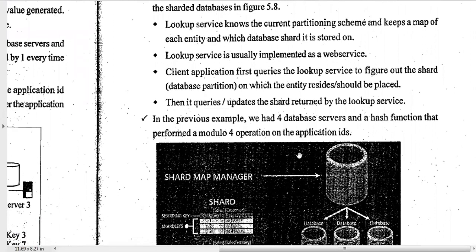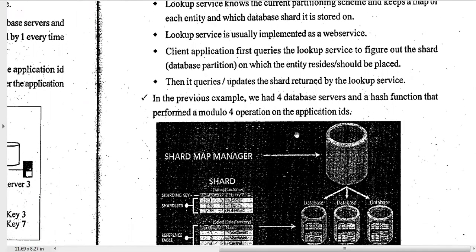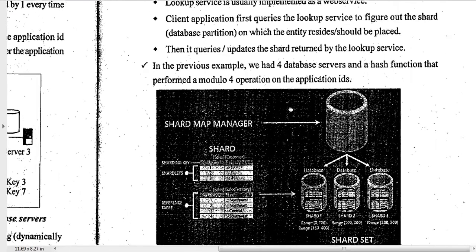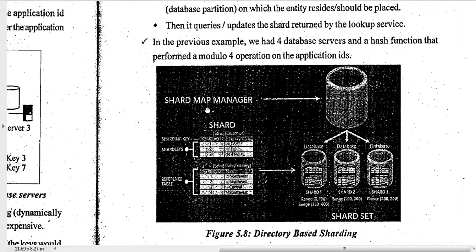This lookup service is implemented as a web service. You can see here the shard map manager, which holds the shard related details. Maybe the picture is not very clear, but you can at least understand something.